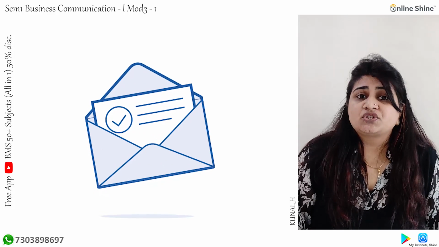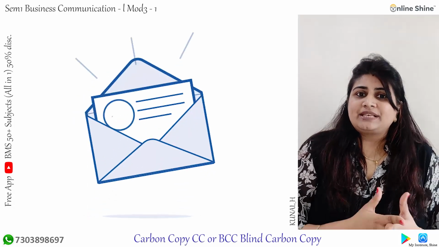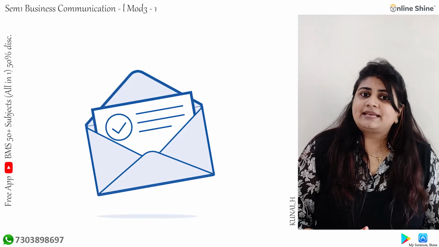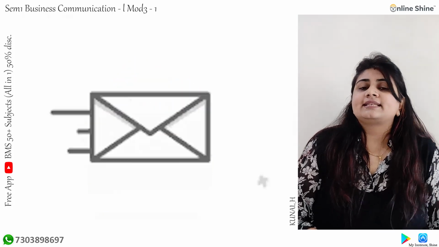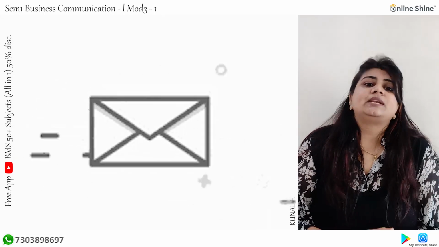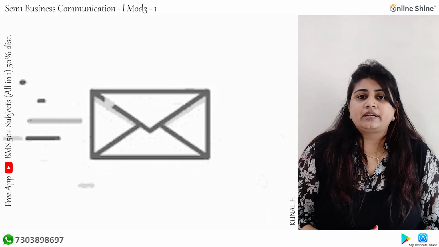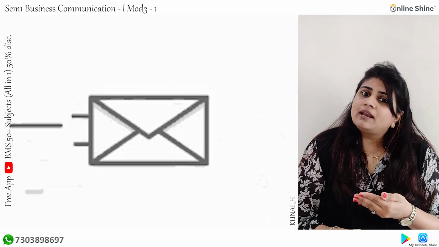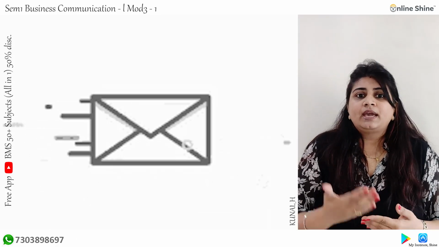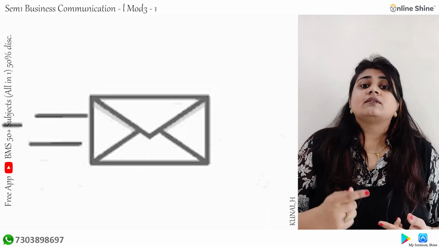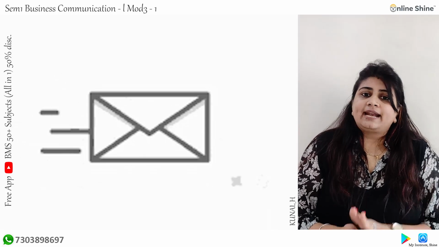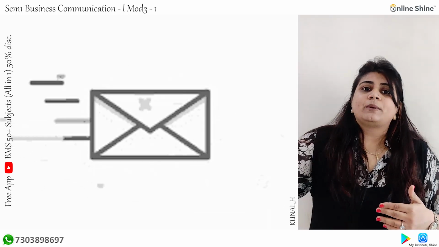Then after the enclosures, we use what is famously known as carbon copy, CC or BCC, blind carbon copy. Now, carbon copy basically, in the earlier days when we didn't have computers or emails to send multiple copies at one point in time, business organizations would keep one main paper, then keep a blue color or a black color carbon copy, multiple copies depending on how many they wanted to make, and then send the letters in that format to multiple people.